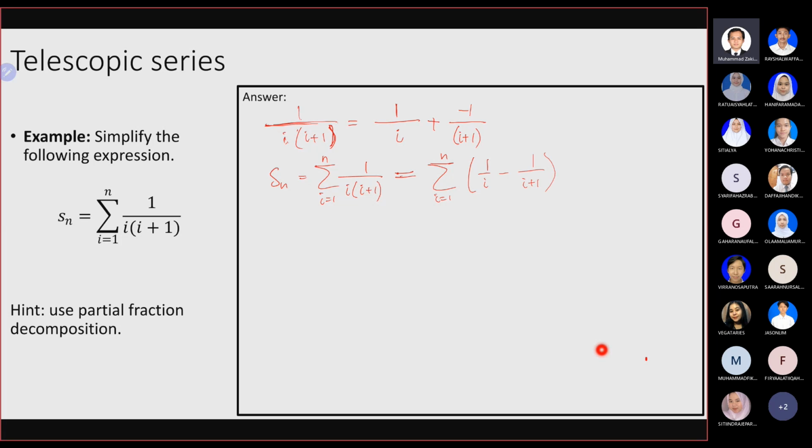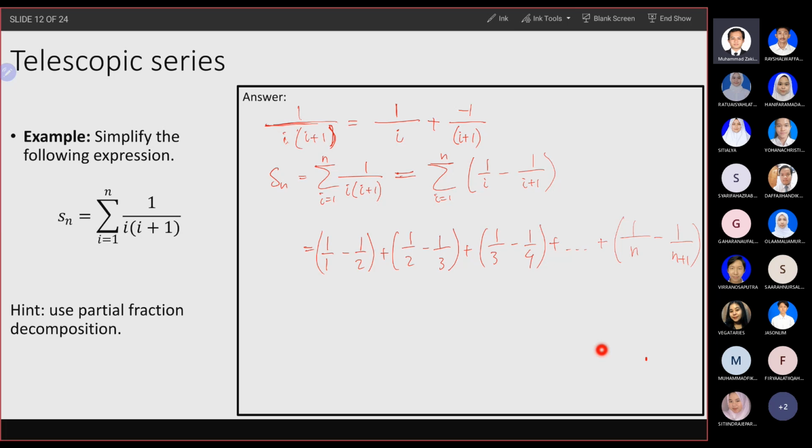Now let's try to sum it. Basically this is equal to 1 over 1 minus 1 over 2, plus 1 over 2 minus 1 over 3, plus 1 over 3 minus 1 over 4, plus and so on, up to 1 over n minus 1 over n plus 1.